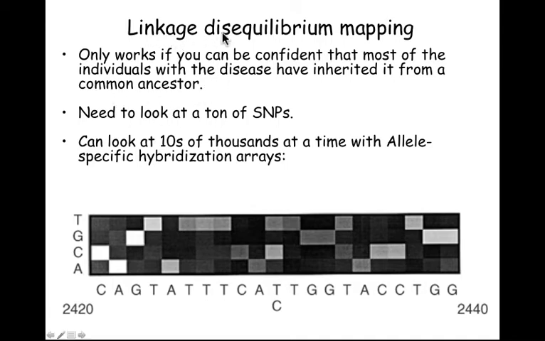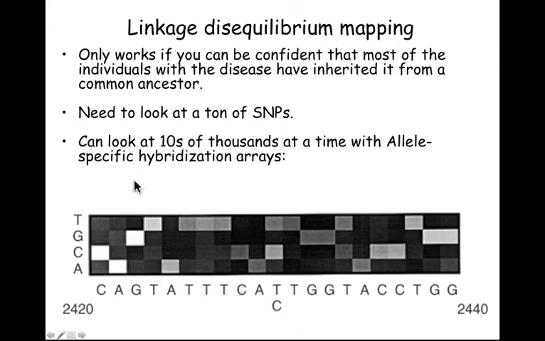So if you want to do linkage disequilibrium mapping, one of the difficulties with it is that you need to look at a lot of single nucleotide polymorphisms. You need to look at a very large number of markers all along the chromosome to identify these sorts of patterns, where all the individuals which have the disease are going to have the same markers, where unrelated ones will have different markers.